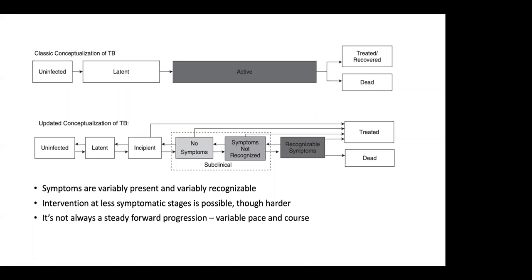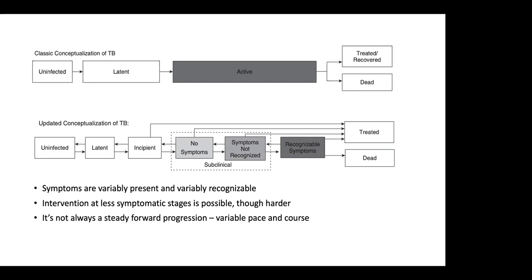Another feature of the bottom figure that isn't in the top is that treatment can happen at these earlier stages, although it's harder because people are harder to diagnose when they don't have symptoms. And a third important feature is that these arrows are going both directions, that it's not just a steady forward progression.